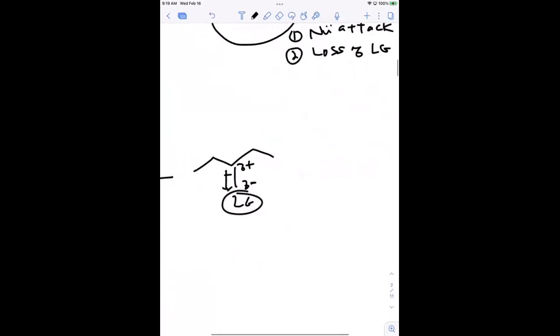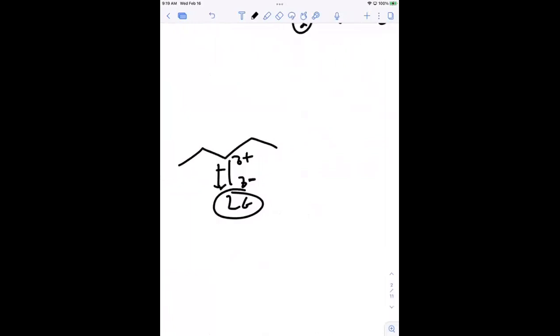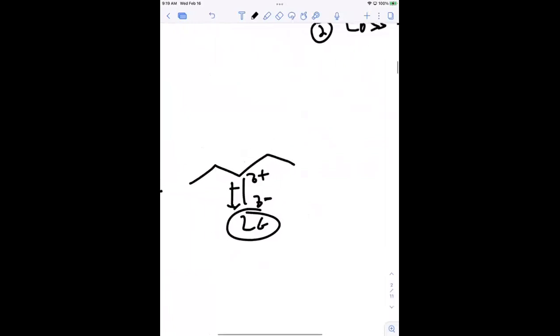So normally, let me just show it without the base. If I have a proton here next door to that leaving group, this is what we call an alpha proton. It's adjacent to your leaving group.